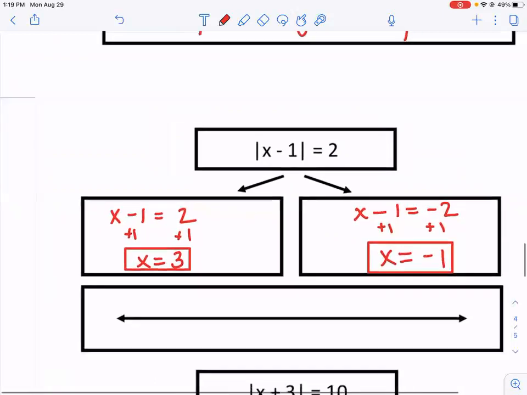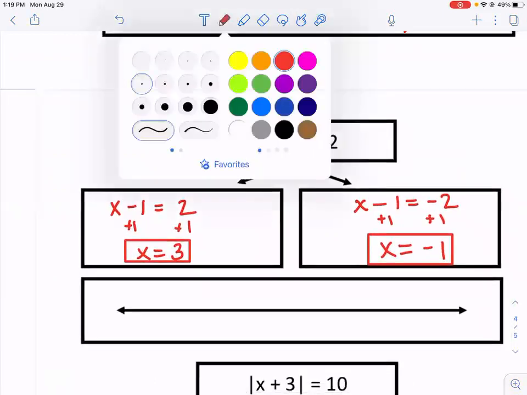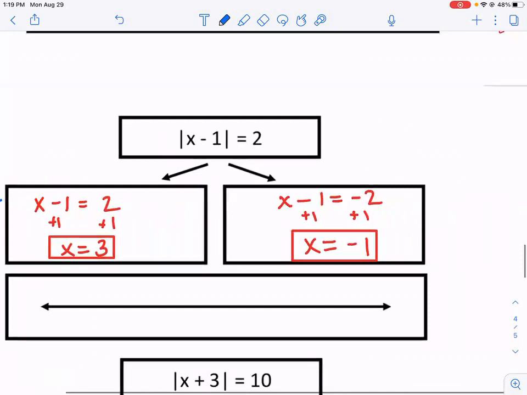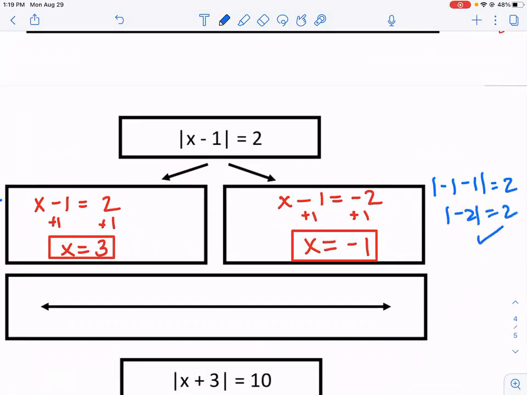We better check our answers before we get too wrapped up in plotting these. Let's check. Is the absolute value of 3 minus 1 equal to 2? Okay, I think we're okay there. So now let's come over to the other one. Is the absolute value of x minus 1 equal to 2?